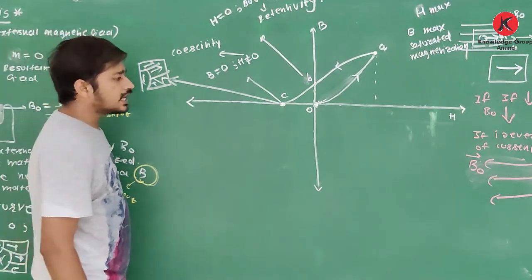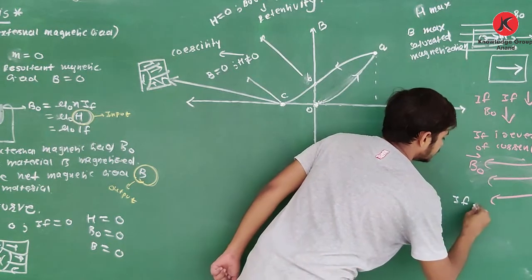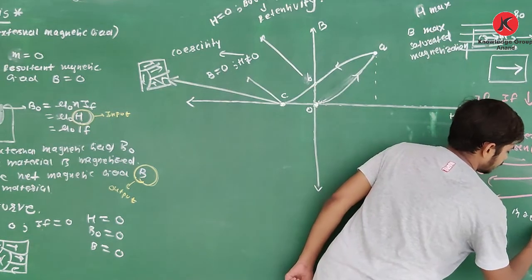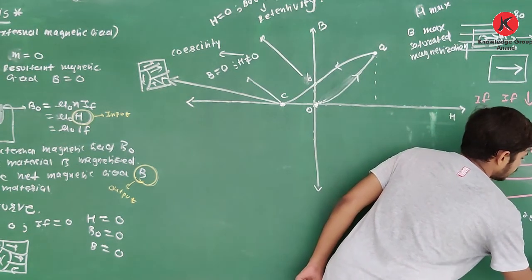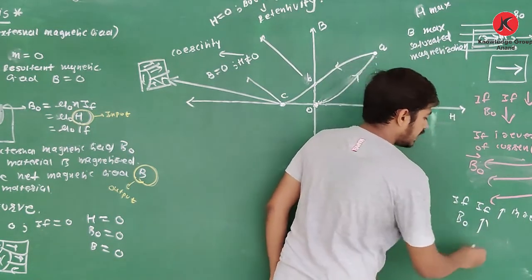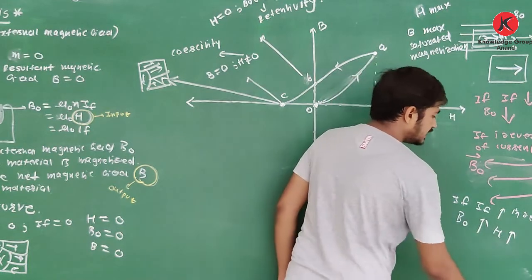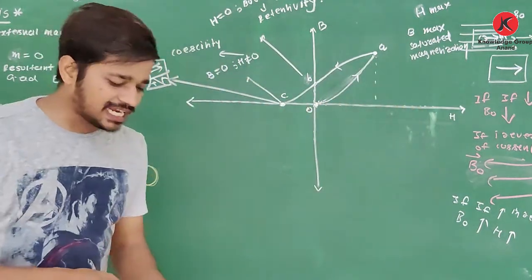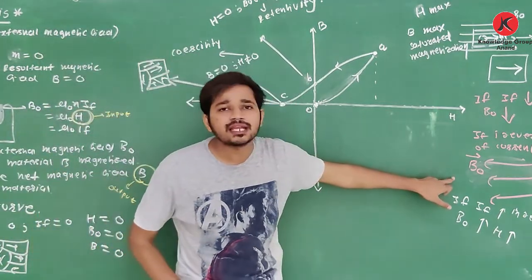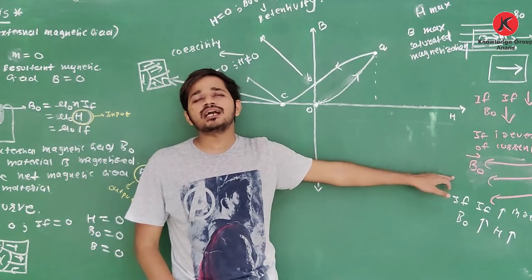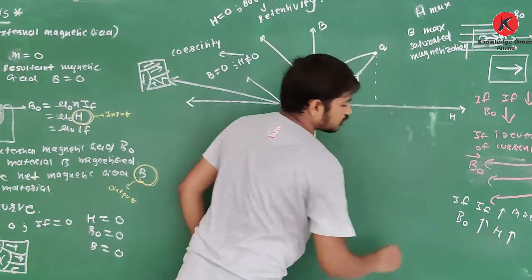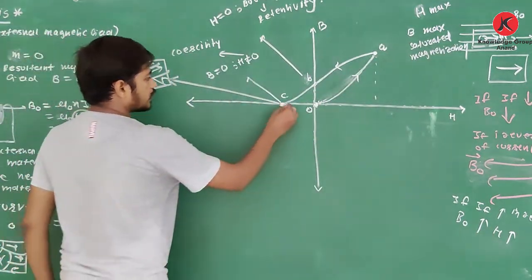Now, if I increase the current in the reverse direction, then obviously this B0 in the reverse direction increases. H in the reverse direction increases, and now each and every dipole will try to align in this new magnetic field. So as H increases, B0 increases, and the resultant magnetic field inside increases.